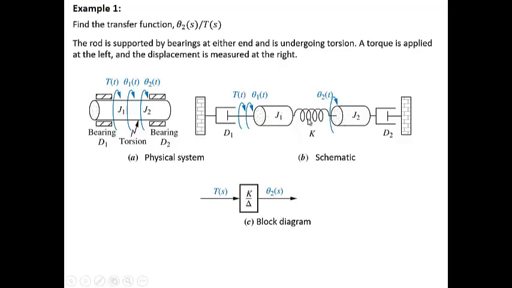We separate them, and in the middle we have our spring, and at the end of the free body of the mass we have our damper. So this is your schematic. From that you have your free body diagram. This is your output and this is your input, and then you will get your transfer function of the system.